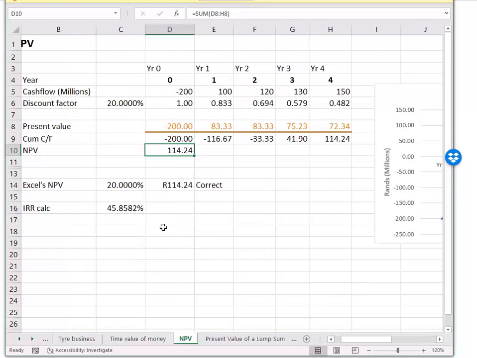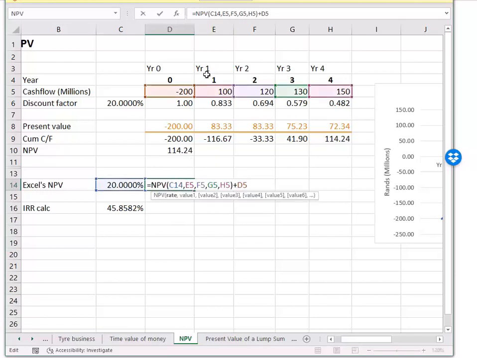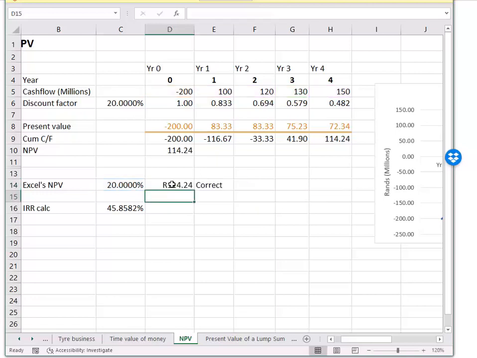Now, Excel can also do this calculation for us. And you'll see here in my cell next to Excel's NPV calculation, Excel has a formula here where I've taken these cash flows and I'm discounting them by 20%, and I'm calculating Excel's version of my NPV, and of course I'm getting the same answer.